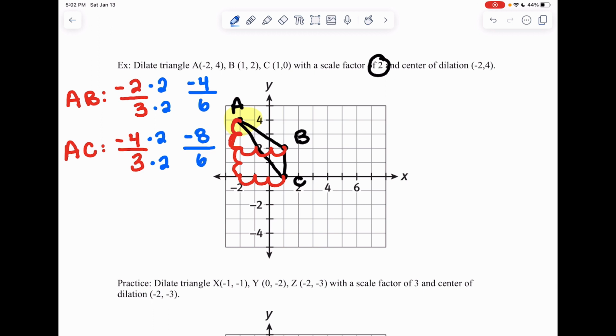So from A, I'm going to go down 4, 1, 2, 3, 4, and over 6. 1, 2, 3, 4, 5, 6. This will be my B prime. And then to get C prime, I'm going to go down 8, 1, 2, 3, 4, 5, 6, 7, 8, and over 6. 1, 2, 3, 4, 5, 6.